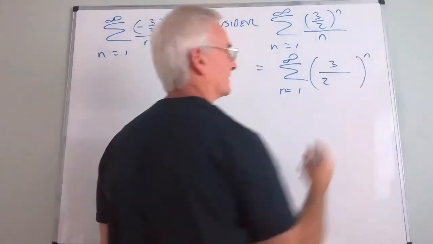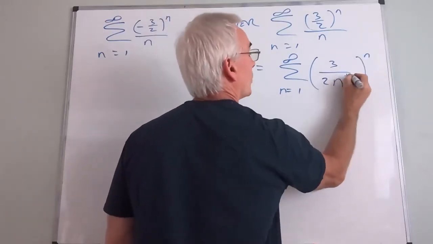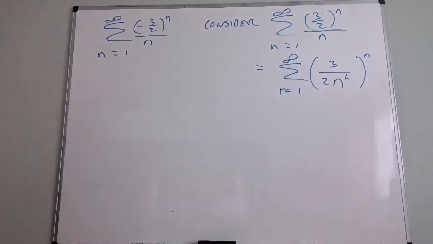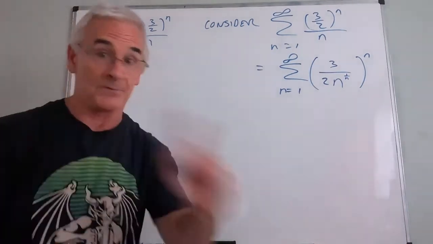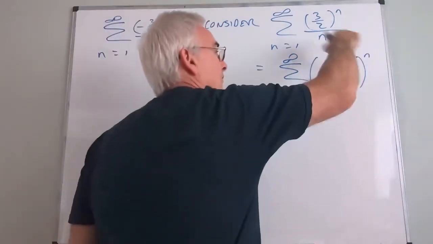It's that guy, 1 over the square root of n. It's kind of ugly, but we know its limit. We don't have to prove its limit. Okay, I now have it in the form.